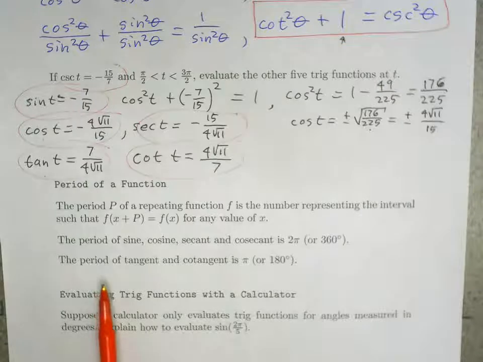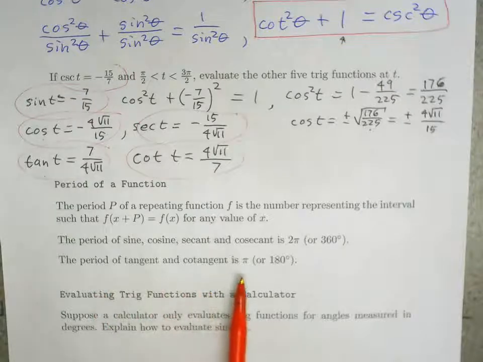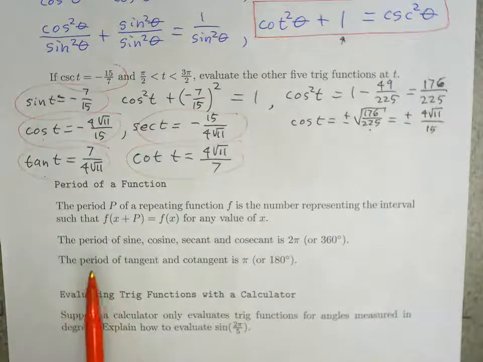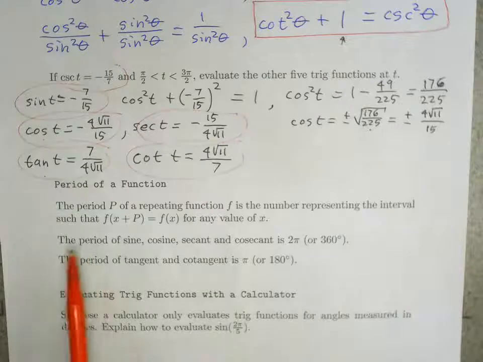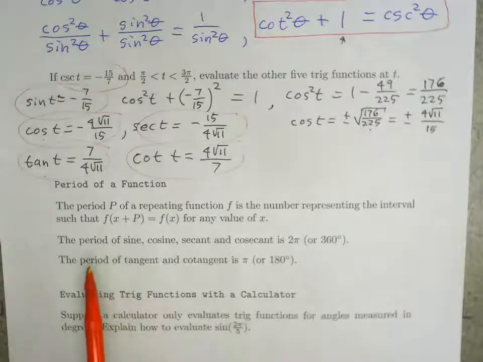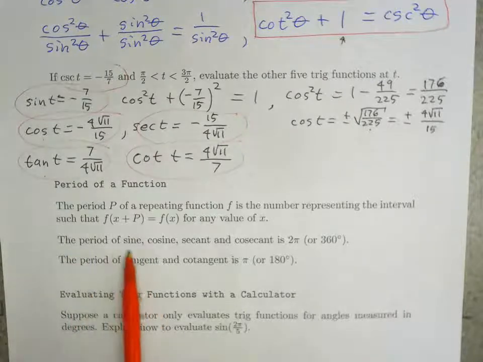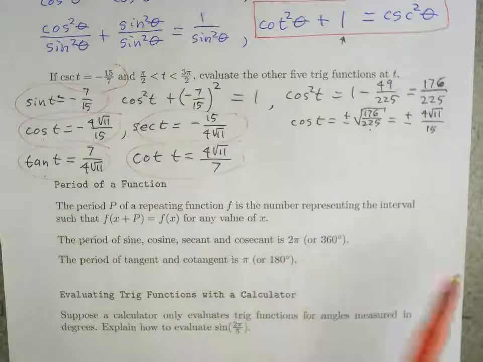And the period of tangent and cotangent is pi, or 180 degrees. So it was indirectly made known to us that the period of sine, cosine, secant, and cosecant is 2 pi when we evaluated those functions using reference angles.